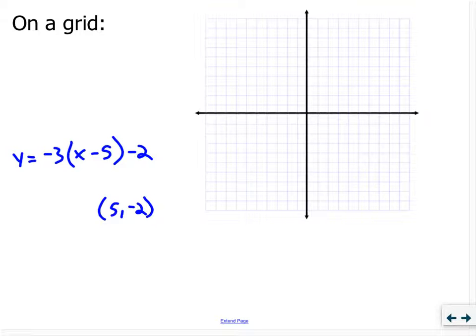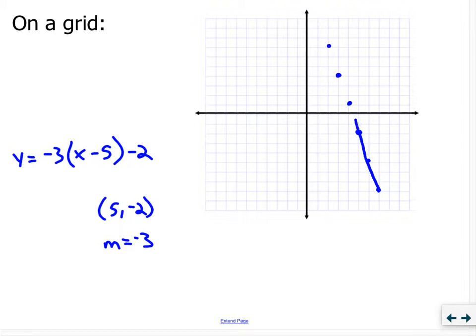So let me go to where 5, -2 would be. And from this point, I'm going to apply my slope of -3. So I'm going to go up 3, left 1. Up 3, left 1. Likewise, I can go down 3, right 1.